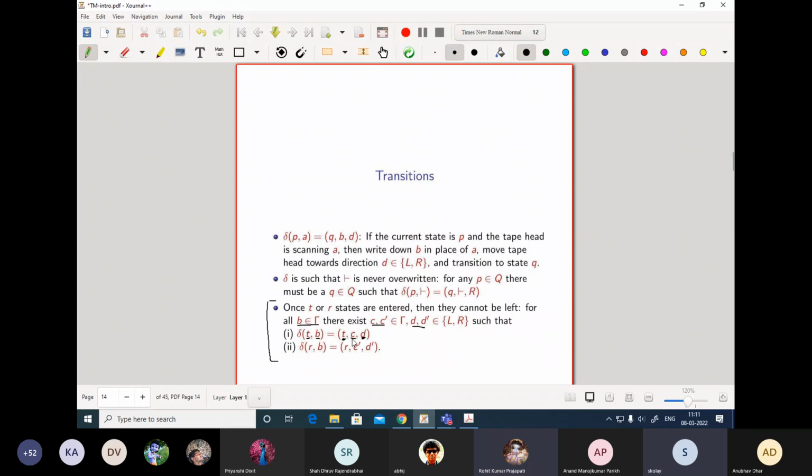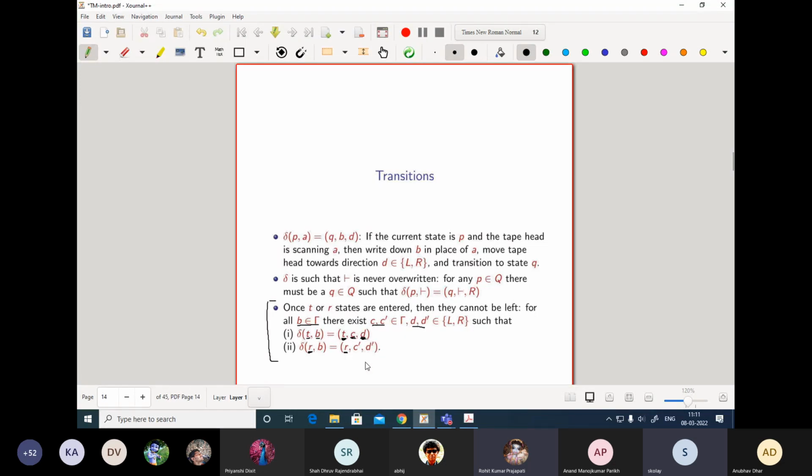So you may be rewriting b by c, b could be equal to c, and you can be moving to the left or right on the input tape, but you do not change the state. Similarly, if you are in state r, your transition function will ensure that you do not change the state.